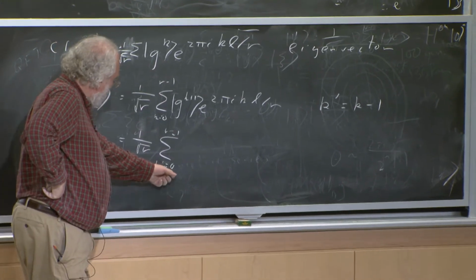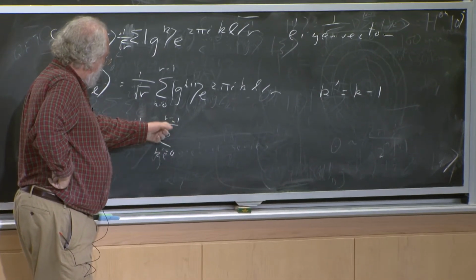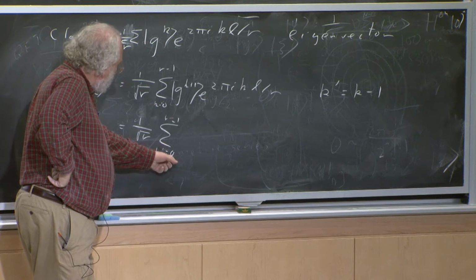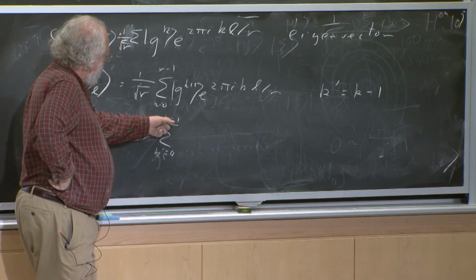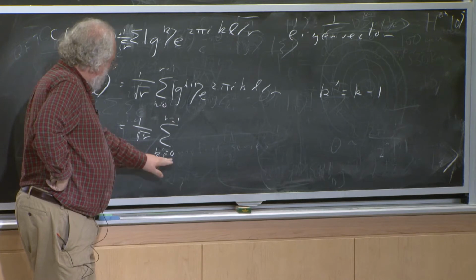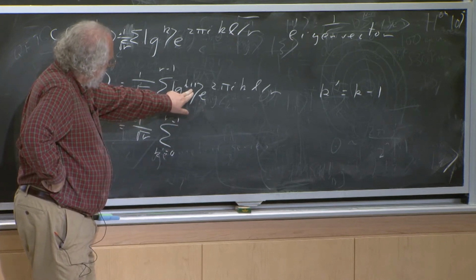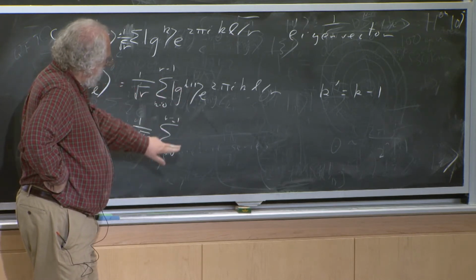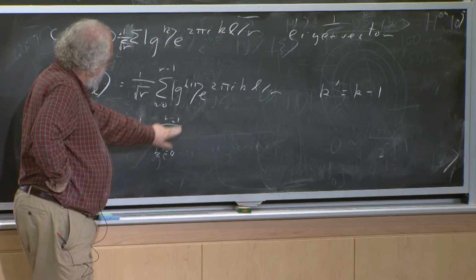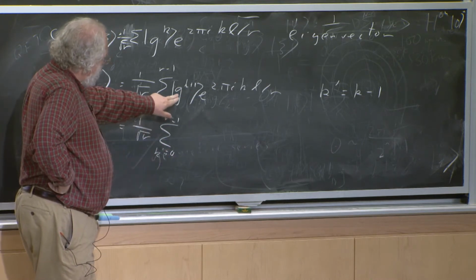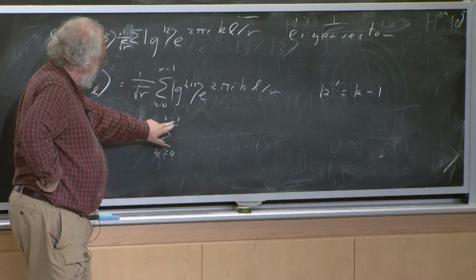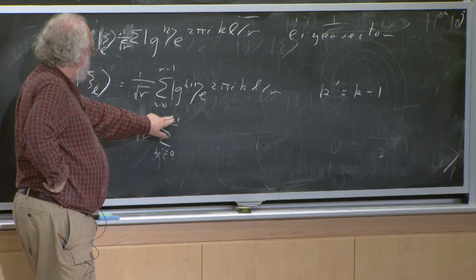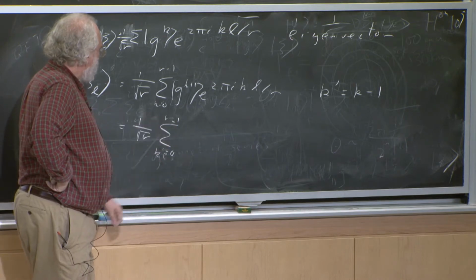We now get k prime from minus 1 to r minus 2, but g to the 0 is equal to g to the r, so we can use the same limits on the summation.